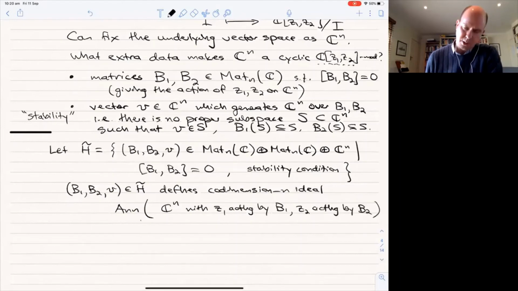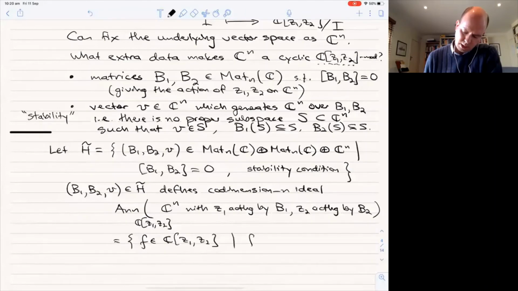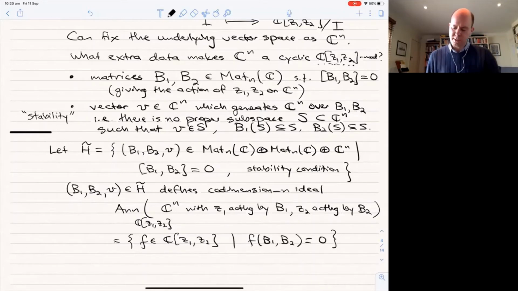So the annihilator in the ring C[Z1, Z2], I mean, which is exactly the polynomials which vanish when you interpret them as polynomials of these two matrices. When you plug in the two matrices for the variables, and this is now an n by n matrix, it's the zero matrix.